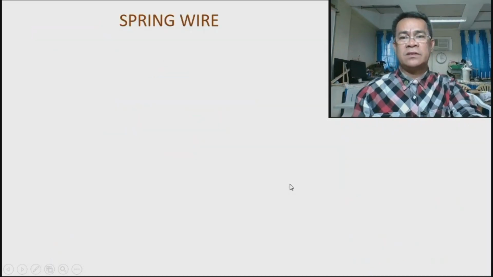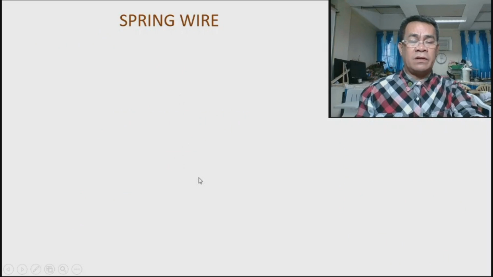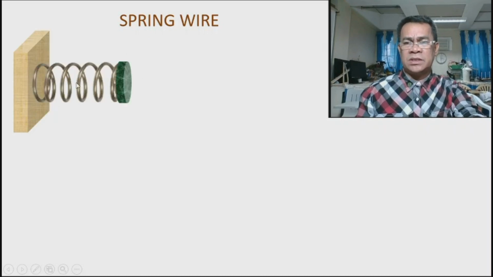Now, the spring. Take note, our task is to calculate the work done by an elastic force, and the spring has an elastic property. So suppose this is a spring.